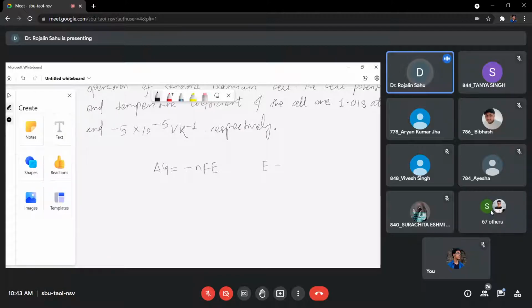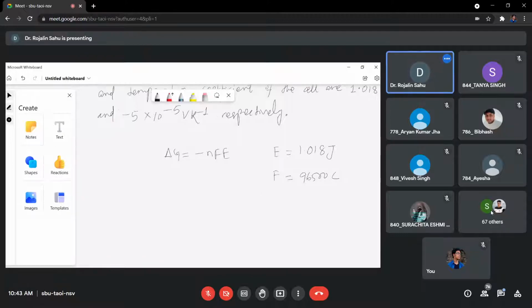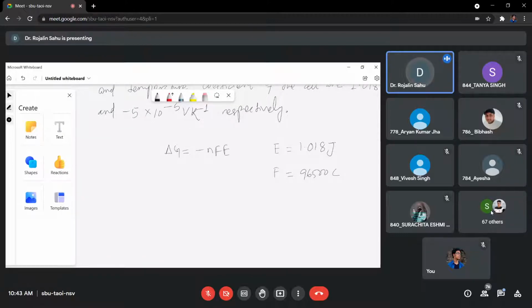E is equal to 1.018 and F is equal to 96500. Then what is the N in cadmium?